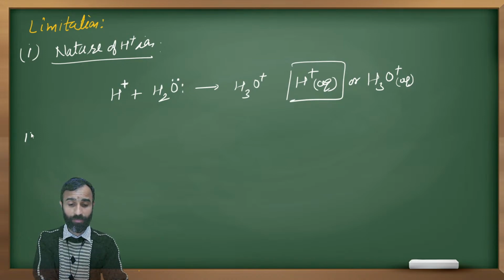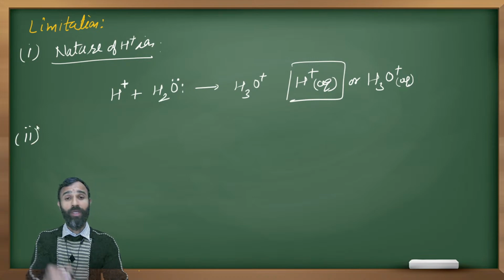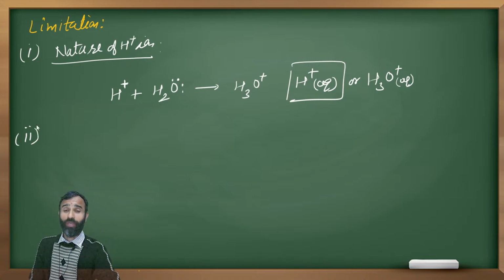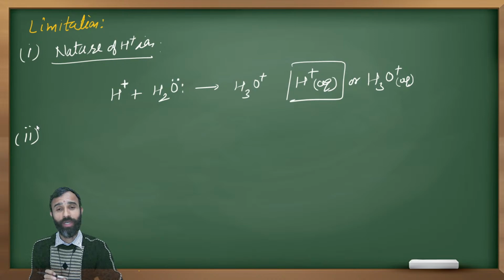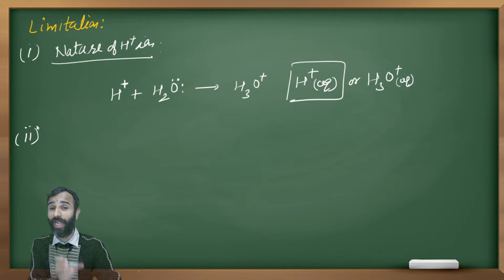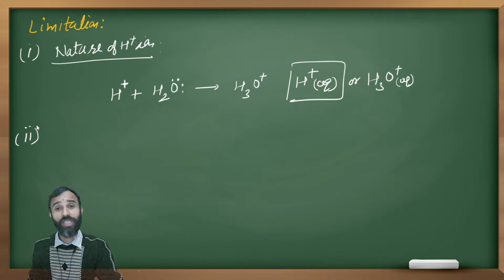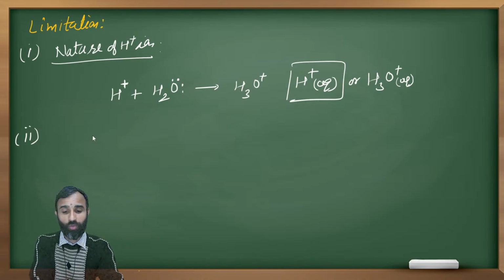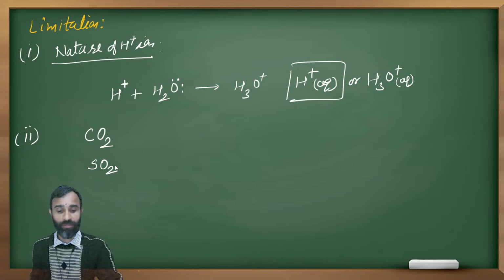Second limitation: acid is the substance which contains hydrogen. So the one which has no hydrogen, according to Arrhenius, is not an acid, like CO2. You know, CO2 is an acid. SO2 is an acid.